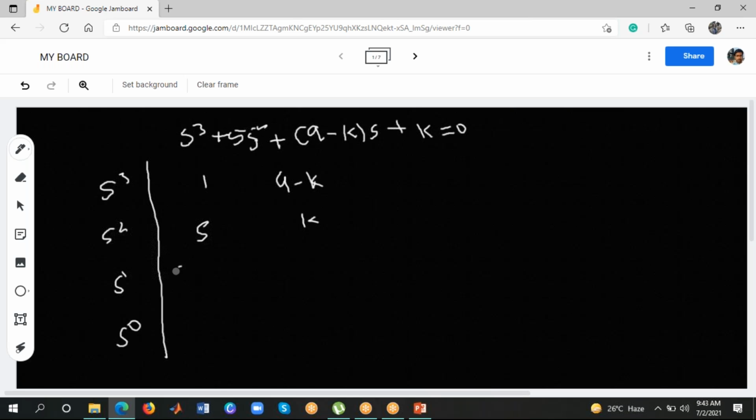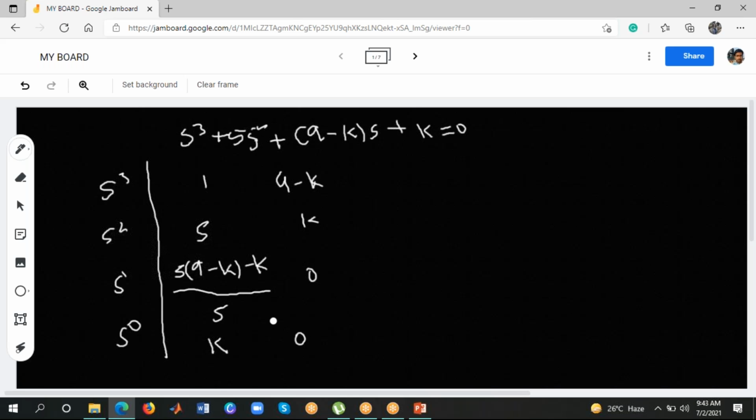So here the first element in s1 row is 5 into 9 minus k minus k divided by 5, and it is 0, and k and 0. Now what is the value of k here? So what is the range of k?